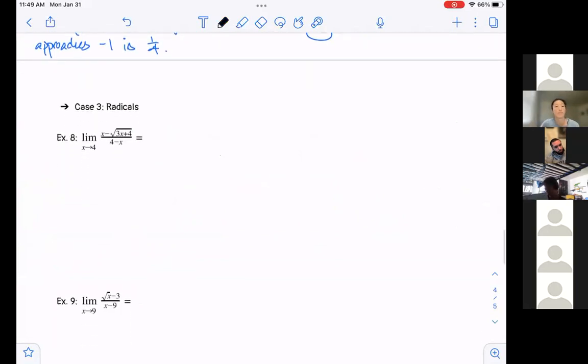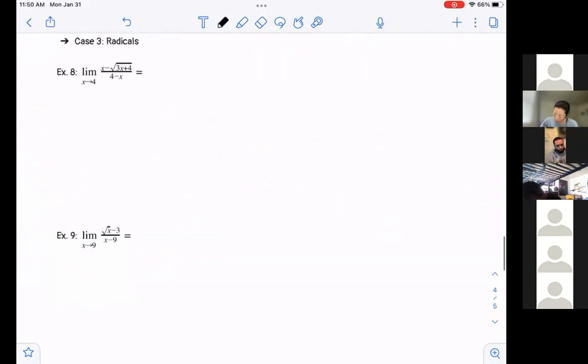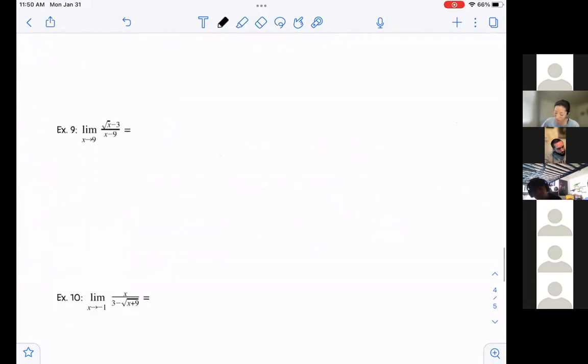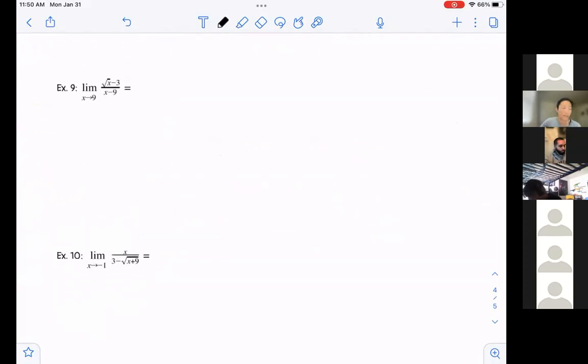Sometimes we'll see things where we're going to factor, and sometimes we'll need a different method, because factoring might not necessarily work. We're going to start with example 9.